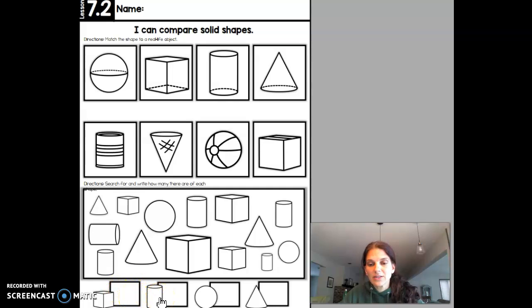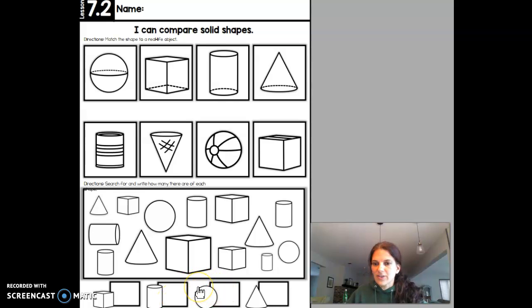Now here is a cylinder. Can you help me count the cylinders in the picture and find them? 1, 2, 3, 4, 5. I'm going to count it again just to make sure. 1, 2, 3, 4, 5. So in this box here, I would write the number 5.